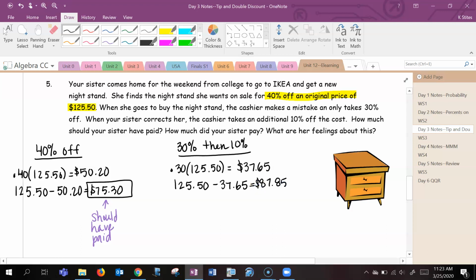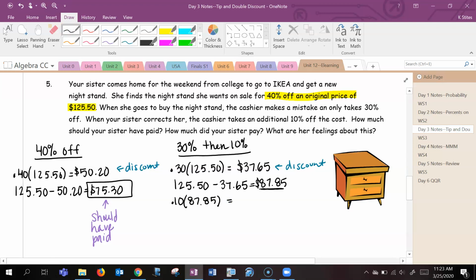So 10% is 0.10, and we're multiplying that by this new price. Okay, so again, this was the discount. Put that over here too, discount.